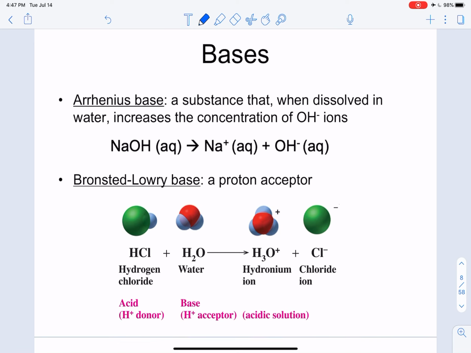So an Arrhenius base is a substance that when you dissolve it in water is going to give off hydroxide ions. So if we have the base sodium hydroxide there, it's going to ionize, or dissociate, and it's going to increase the concentration of hydroxide.